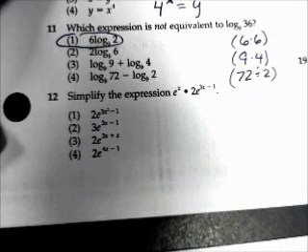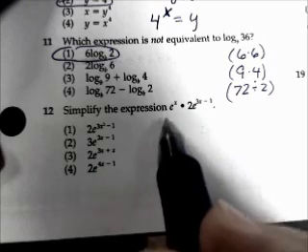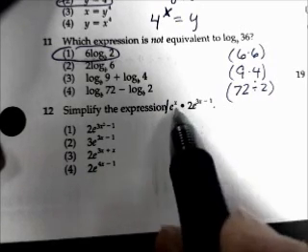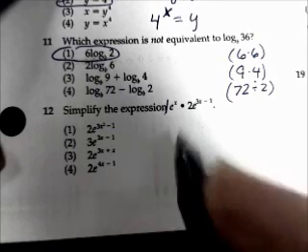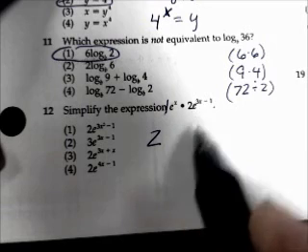Number 12, we want to simplify the expression e to the x times 2 e to the 3x minus 1. Okay, so the coefficient here is 1, so we're multiplying. These are the same variable bases. 1 times 2 is 2. E to the x times e to the 3x minus 1.